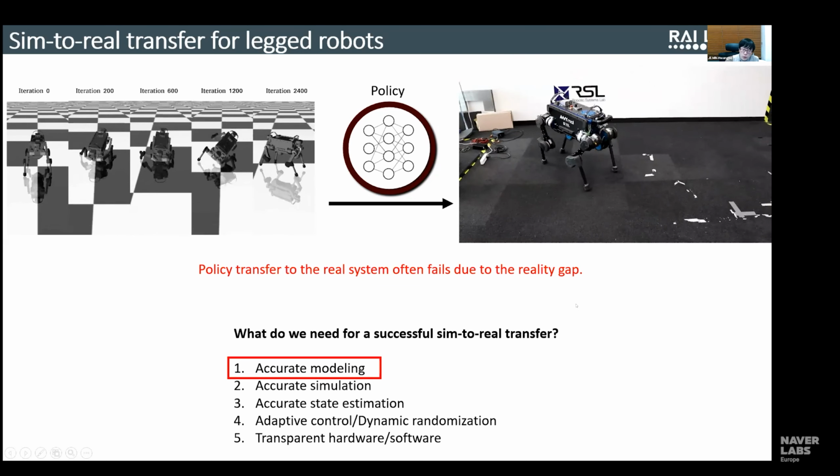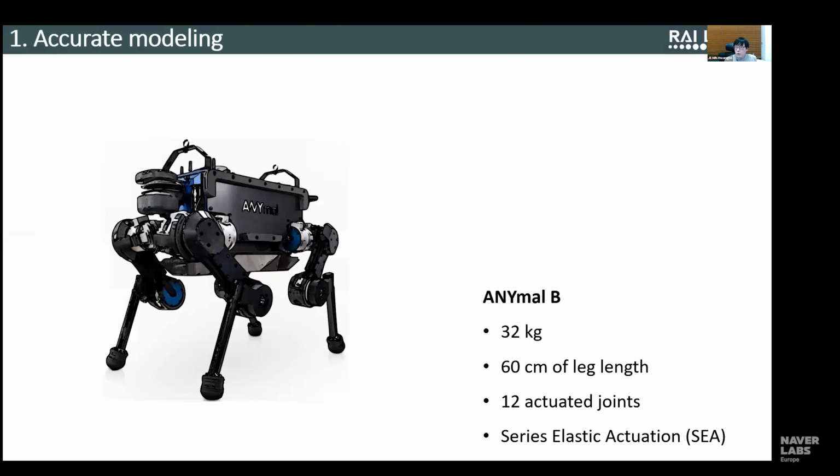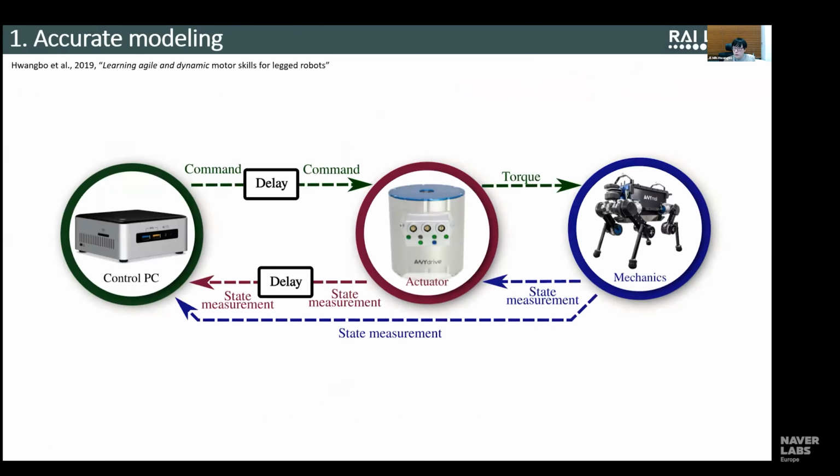So we tried to figure out the difference. Of course, if it works well in simulation and doesn't work well on the real robot, that means there is a difference between the two systems. We call this the reality gap. So what is the reality gap in this system?